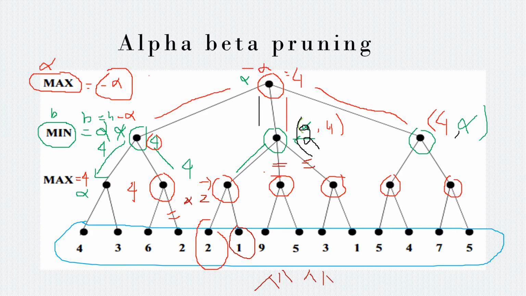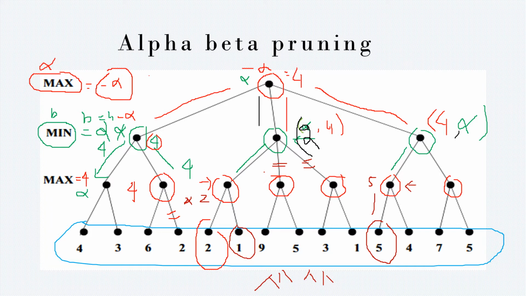So this node will be searched. This level belongs to max, so max will search this node and it will take value 5.